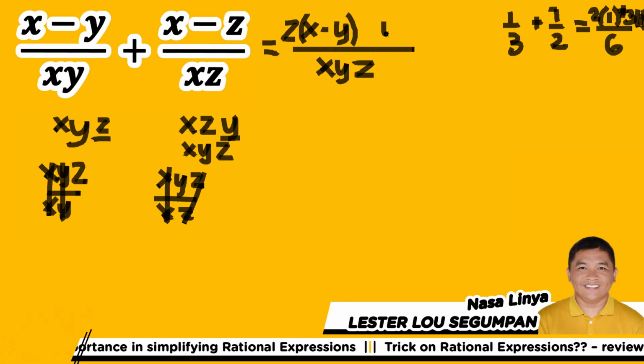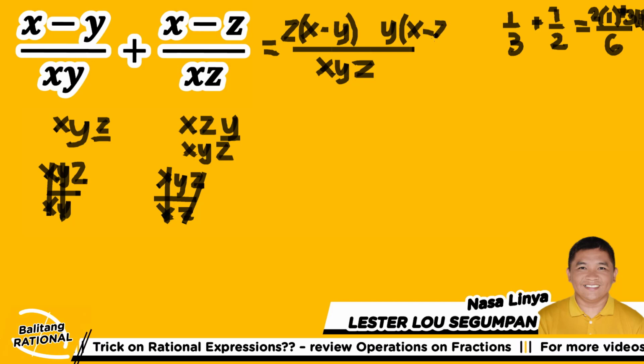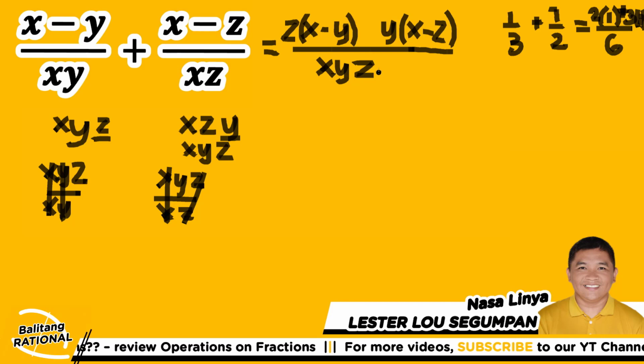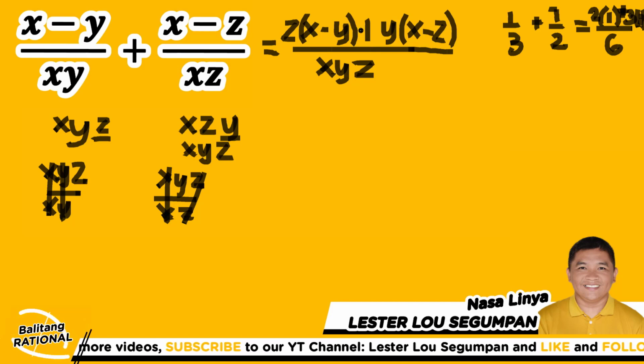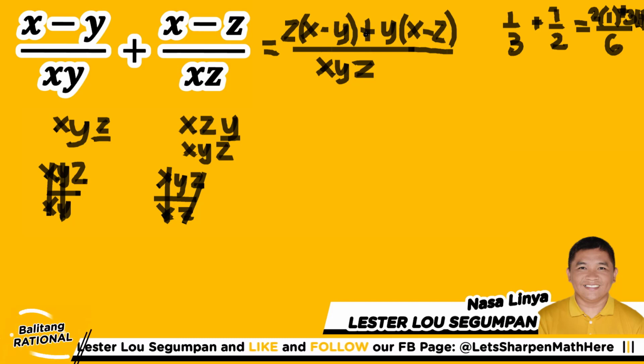And we're going to use here Y times our entire numerator of the second rational expression, X minus Z. Okay. So we have these two forms now of our two numerators, but let's also use the separator as plus because it's plus here. If this is subtraction of rational expressions, then we use subtraction here as well.